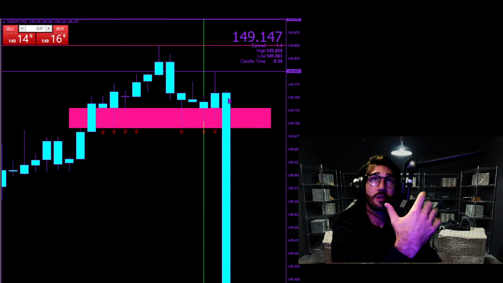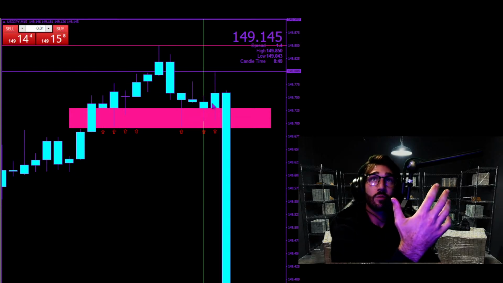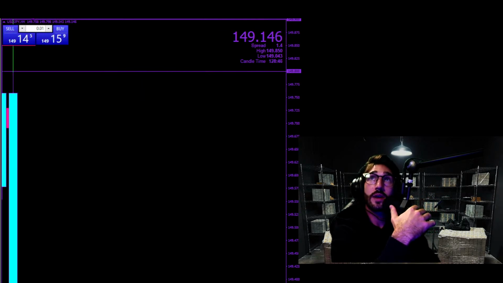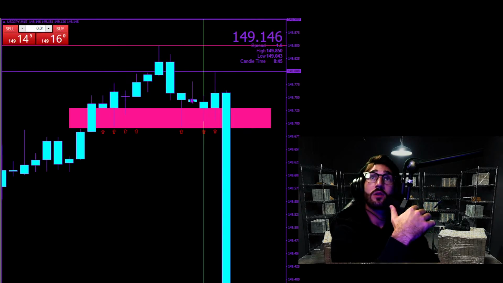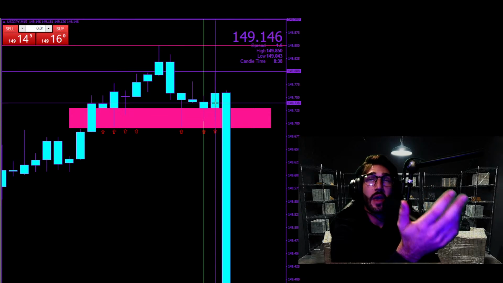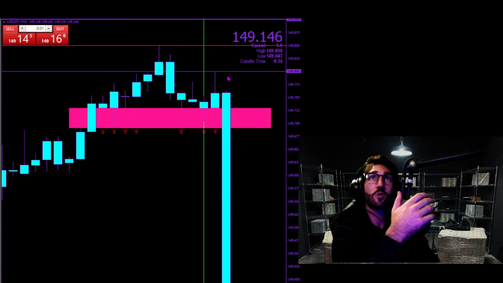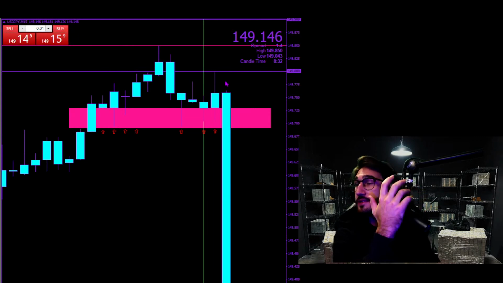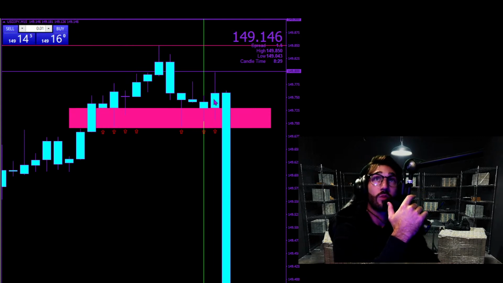It retested 0.8 twice. Once at 8:15. We were at support at 8:30. 8:45, we popped back up towards 149.8, but it did not close. We are still inside of the consolidation in between these areas here.